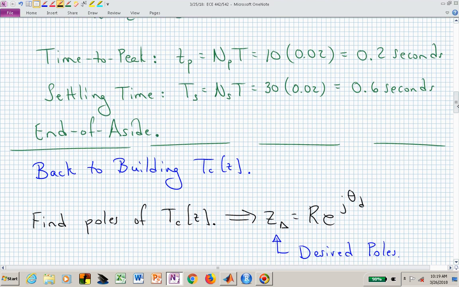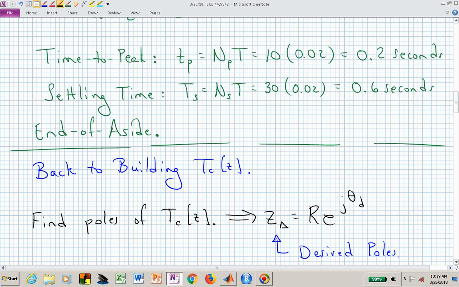Let's go back to building this transfer function, capital T sub c of z, which we said we're going to build to satisfy these two design specifications using two complex poles. Those desired poles then have a magnitude of capital R and an angle of theta sub d.